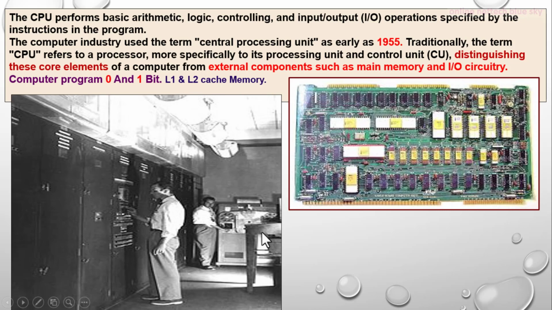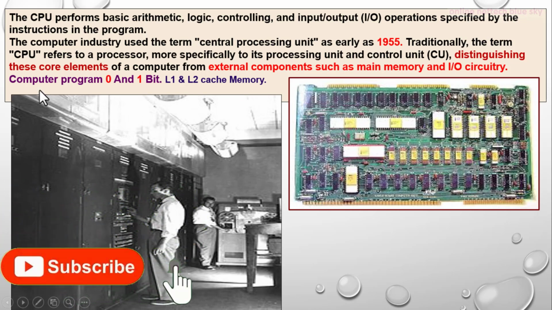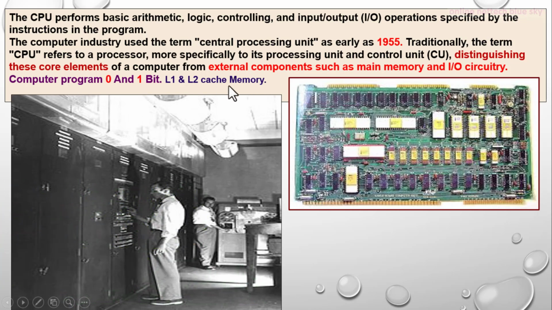The CPU has a memory chip, because the instructions of a program are stored in memory. I will discuss how L1 and L2 cache memory work in the CPU, but first understand the external parts of a computer, such as main memory and input output circuitry, which are part of a CPU system.